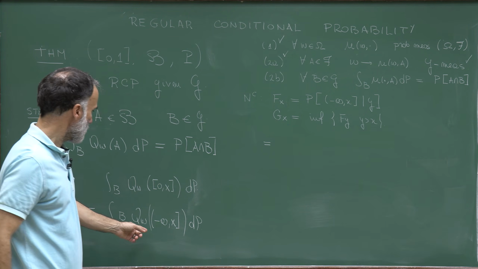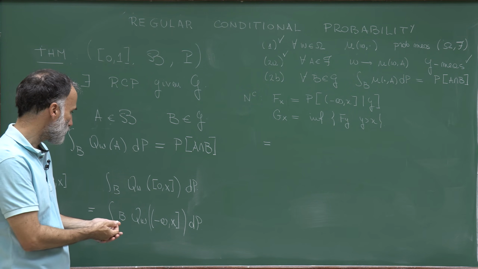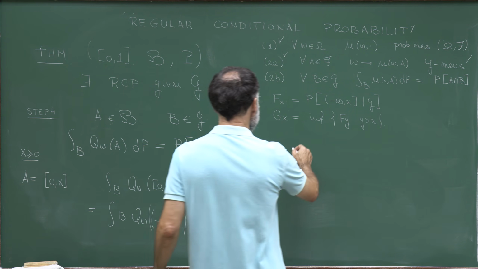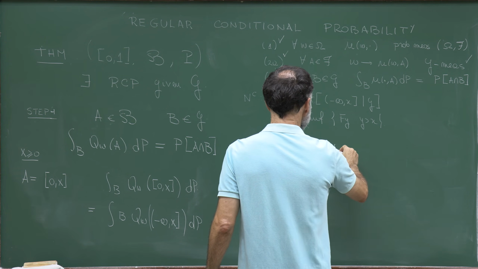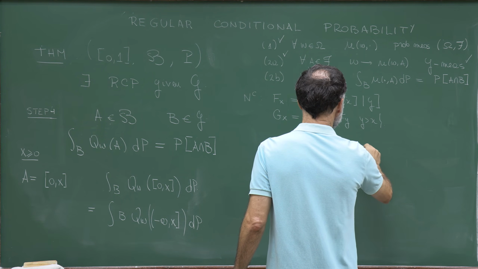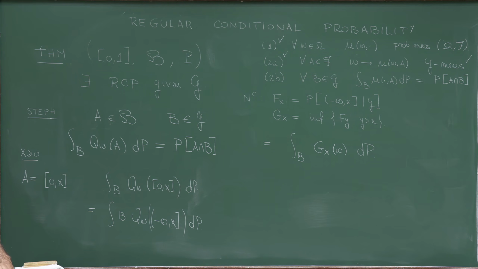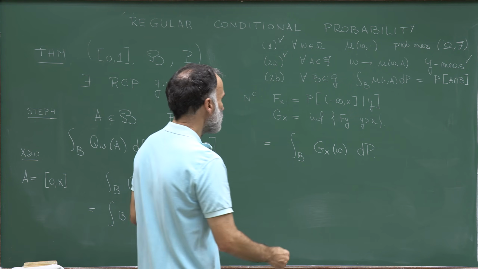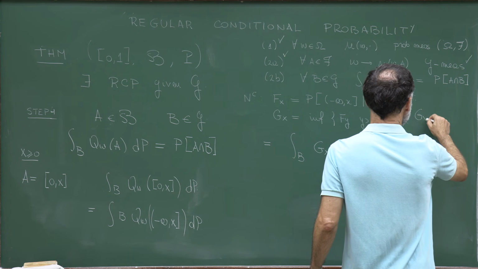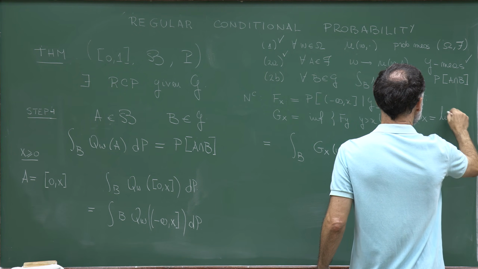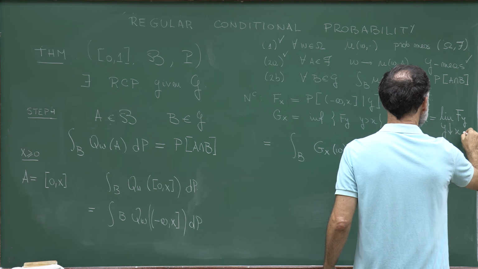Now, the measure of the set (-infinity, x] is equal to the distribution function computed at x. So this is the integral over B of G_x(omega) dP. And, well, we are almost there. Now remember that G_x is the limit of F_y for y decreasing to x.